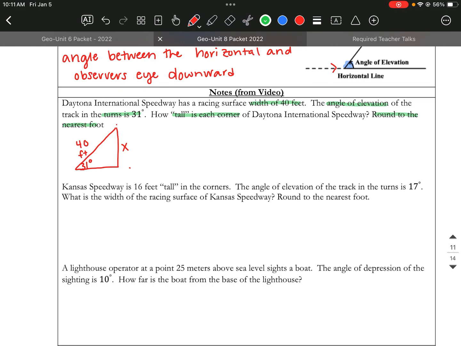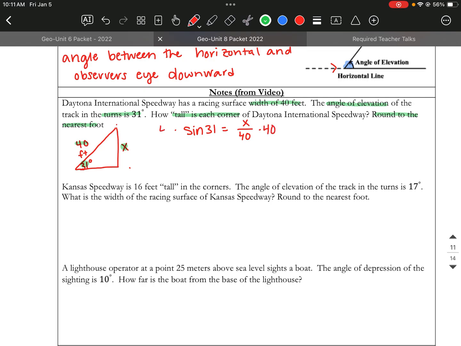Now that we have our triangle drawn, we can figure out our trigonometric function. In this problem, our angle is down here, x is the opposite, and 40 is the hypotenuse. When we use the opposite and hypotenuse, we set it up with sine. So sine of 31 equals our opposite x over our hypotenuse 40.